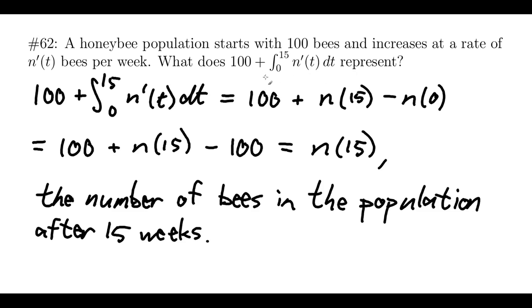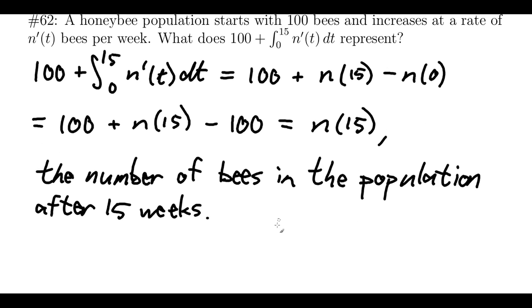Another approach, we could go at this a bit more intuitively and start off with figuring out what the integral represents. Let me rewrite this down here. The integral from 0 to 15 of n prime of t dt. Maybe let's think about the units here to help guide us, a little bit of dimensional analysis.